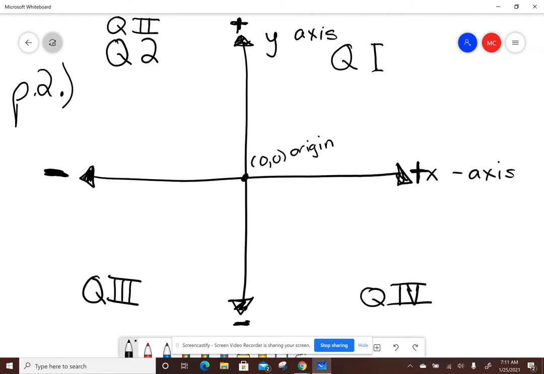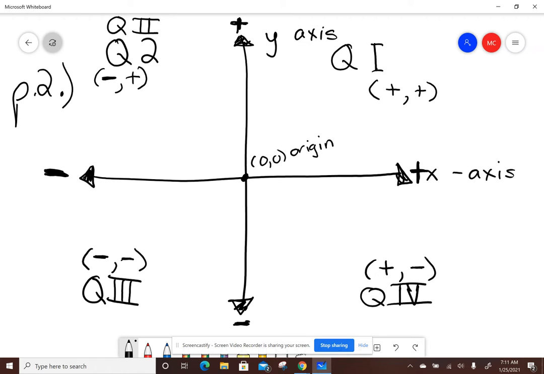That's quadrant 4. So in quadrant 1, you have an ordered pair. The x is positive, the y is positive. In quadrant 2, with all of your ordered pairs, the x's are all negative, the y's are all positive. In quadrant 3, you have a negative x and a negative y. And in quadrant 4, your x is positive, but your y is negative.